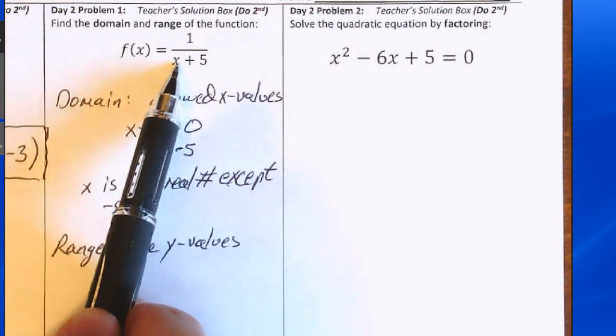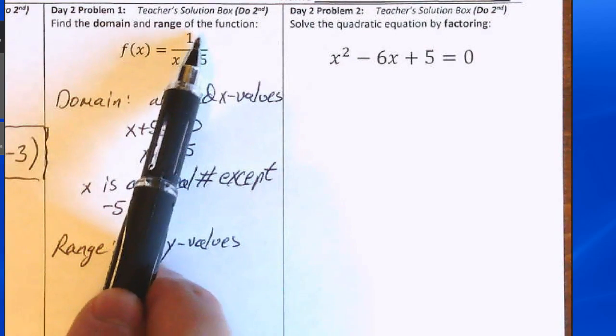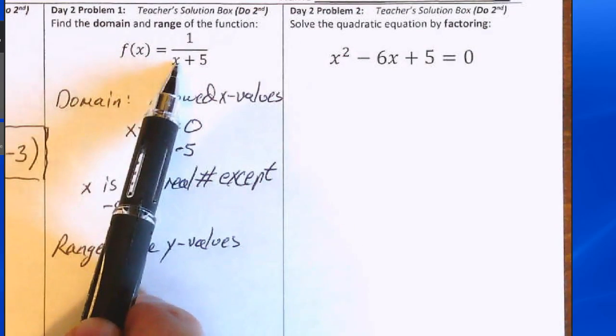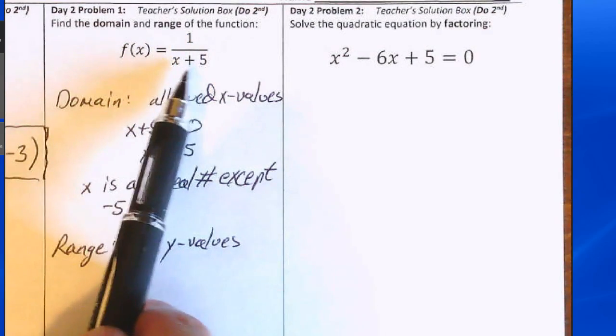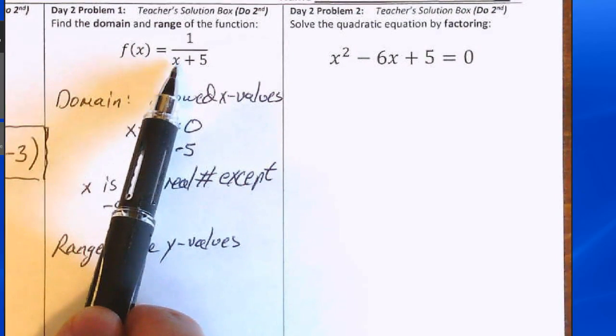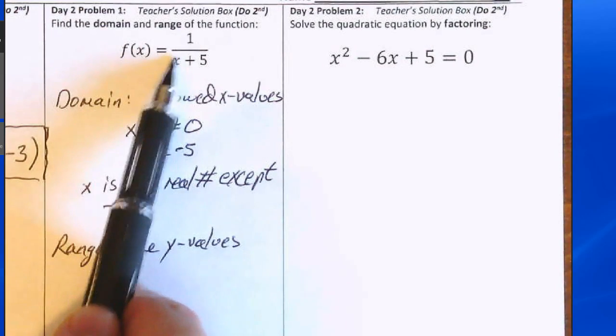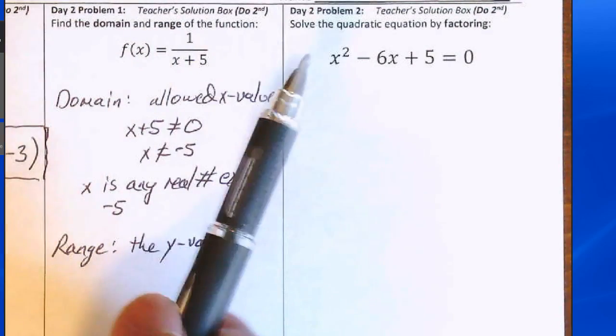Let's try some positive numbers for x. If we put in 1, we would get the answer 1/6. If we put in 2, we would get 1/7. If we put in 3, we would get 1/8. We can't use negative 5, remember, but we can use other negative numbers. So as you put in other negative numbers in here, you are going to get some more fractions as a result.